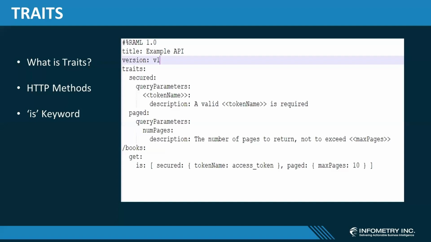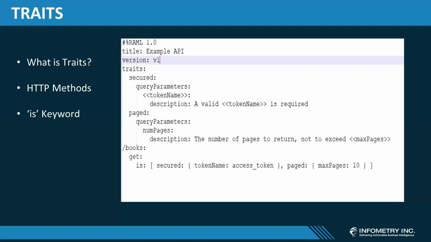So it can provide method-level nodes such as the description, headers, query parameters, and responses. So we can create traits by taking these common descriptions, headers, query parameters, and responses, to add the description, define the headers, define query parameters, and define the responses.